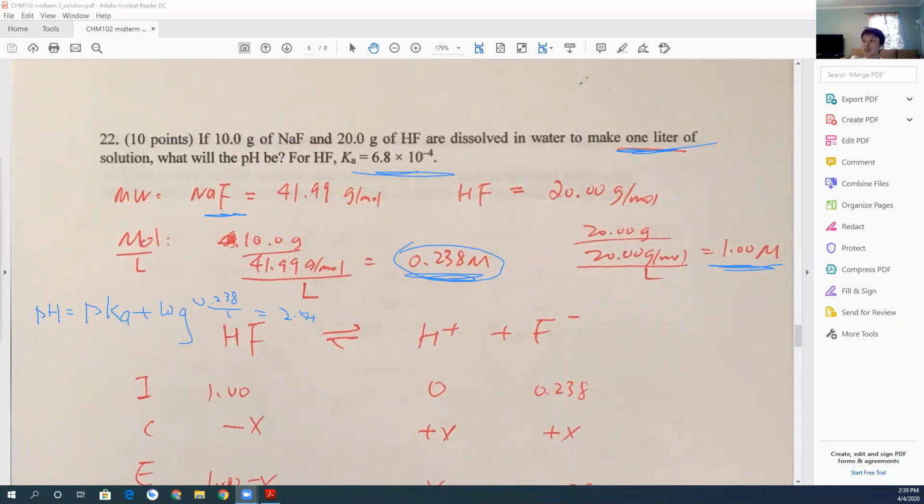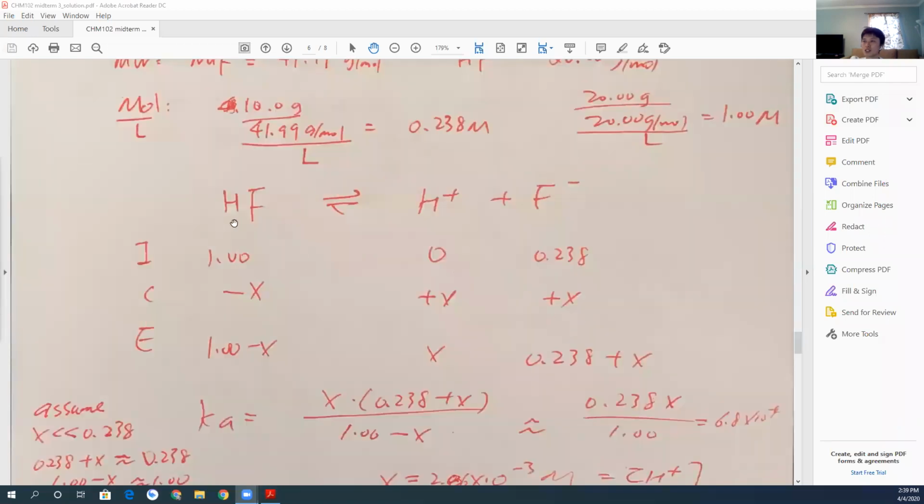Another way to do it is listing out the ICE table. For this acid to dissociate, it generates a proton and the conjugate base. You know the initial concentration of the acid and the base, then the change of concentration, and then the equilibrium concentration.